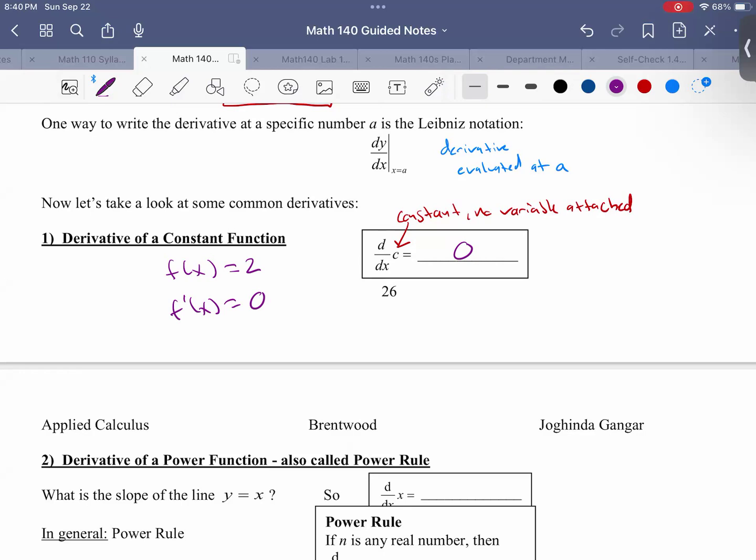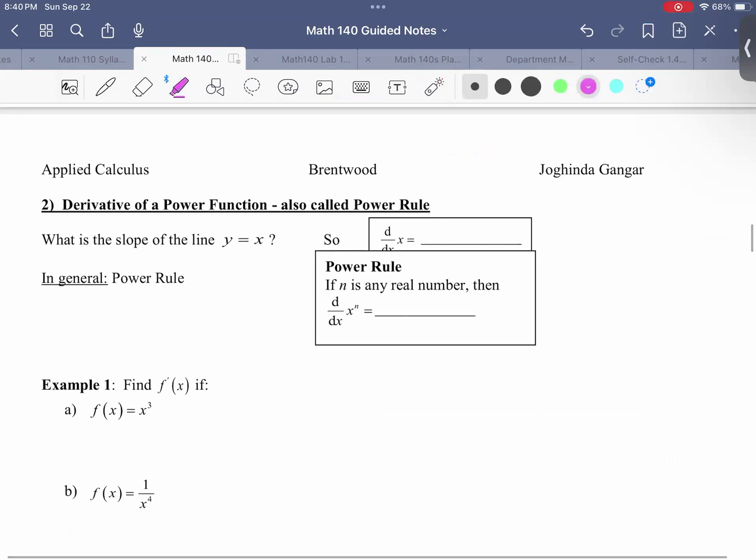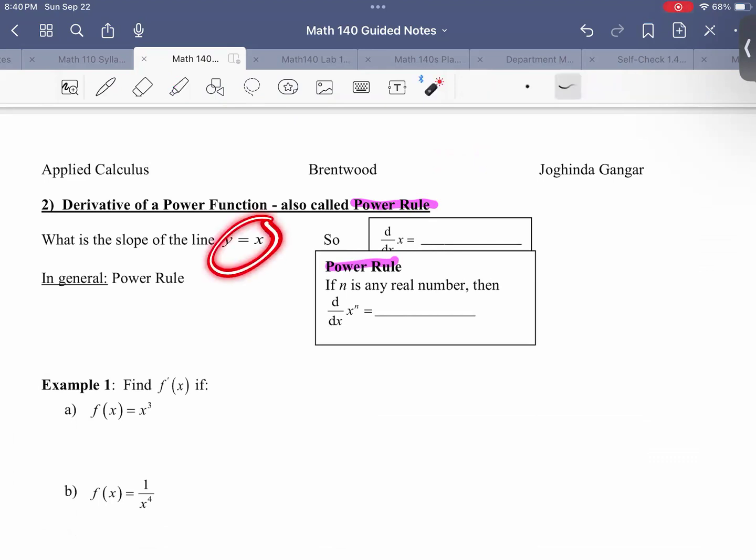And that makes sense because if you think about the slope of a line, the slope of y equals 2, well, this has no slope. It's just a horizontal line. So that's why the derivative is 0, because there's no slope. But okay, let's keep moving forward to the power rule. That's the big one. That's one we use mainly all the time. So what is the slope of the line y equals x?